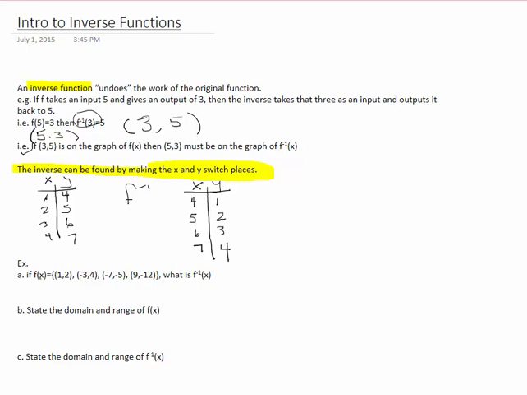Our next example down here shows us some ordered pairs for a function. So f at x has ordered pairs (1, 2), (-3, 4), (-7, -5), and (9, -12).